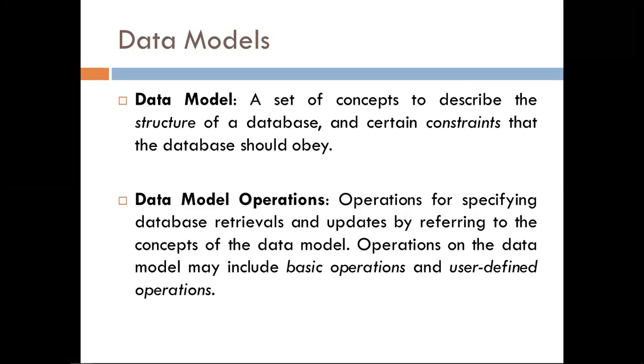Those tables are also called relations. Relation has one more terminology, which is concept. So a table is also called a concept. The set of tables that we use to describe our database is called the data model. Set of tables plus the rules is the data model.